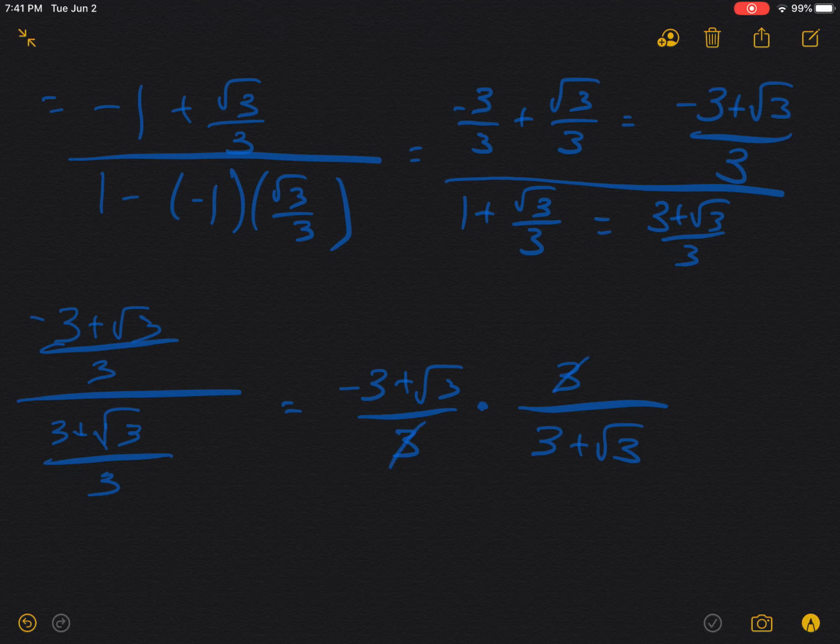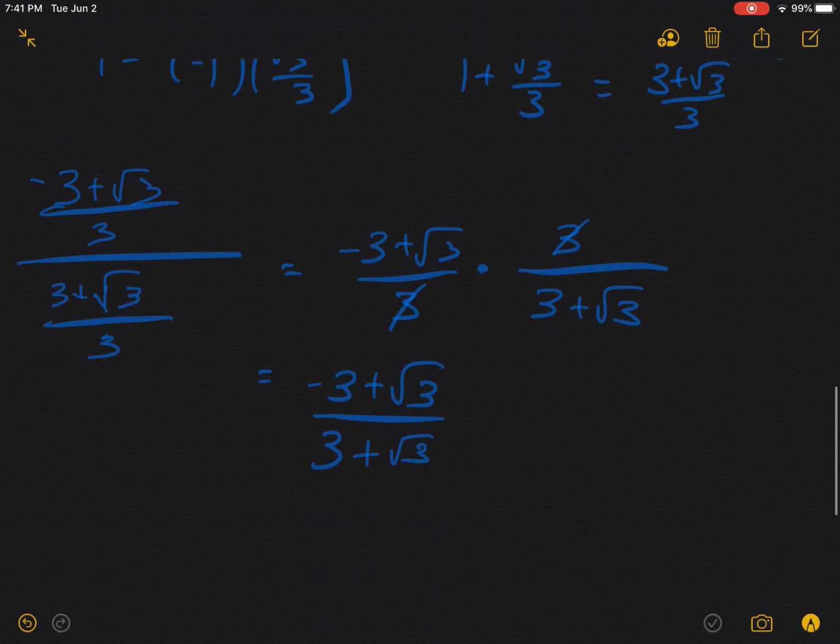Now I can cross these out. So now what am I left with? Negative 3 plus square root of 3 over 3 plus square root of 3. That's still not simplified because you can't have a radical in the denominator. Now the thing that's tricky here, and please don't do this, this is a very silly mistake, but it happens, is that you might think that these guys cross out because they're the same, so the answer is -1.